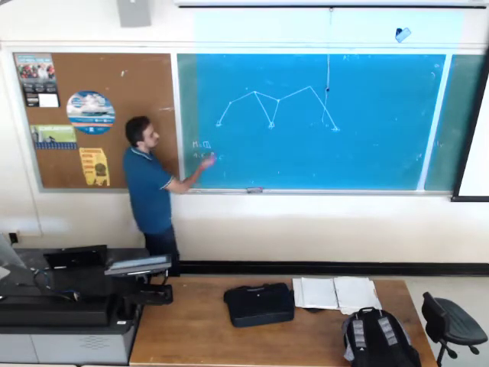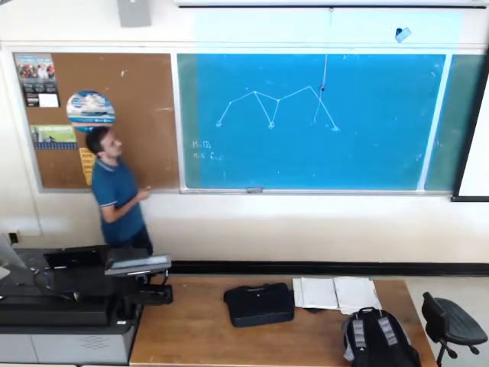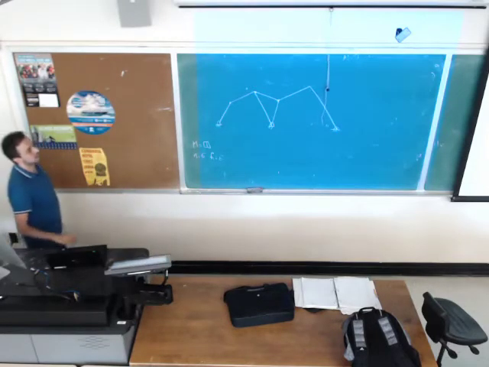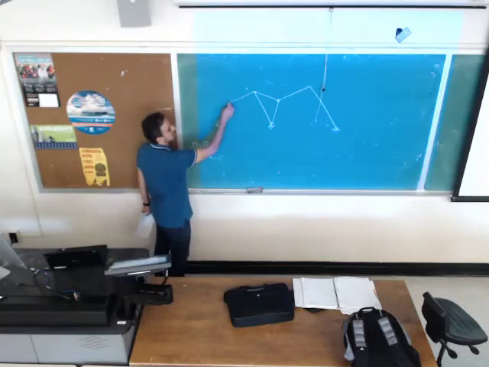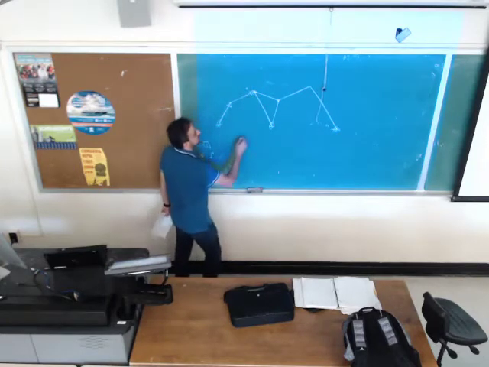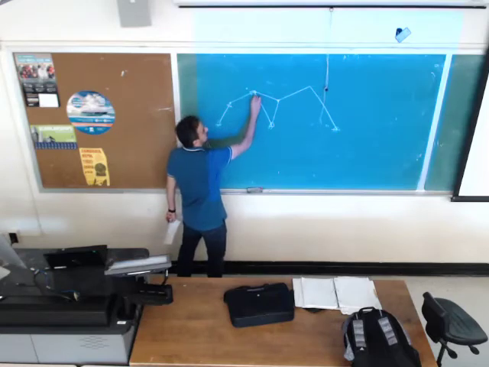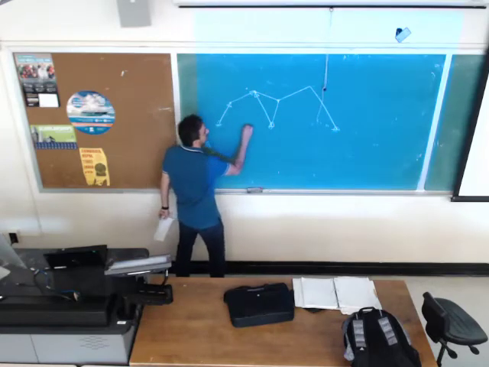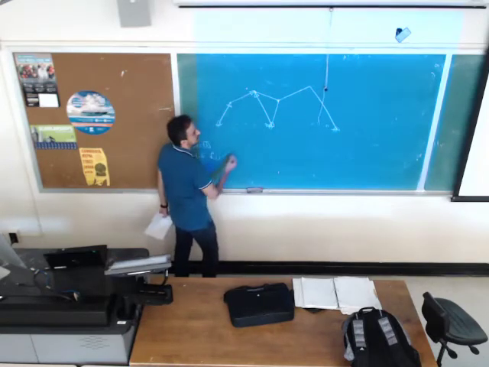Then we form the vectors by assigning one vector for each link. So for this one, I put the arrow at this end for this link. For this one, I put the arrow here. For this one, I put the arrow right here, right there.